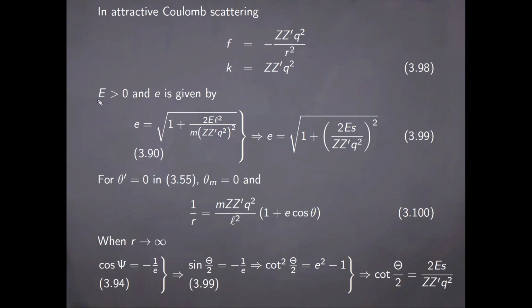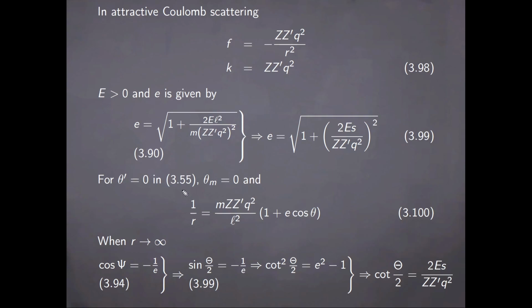And we assume that the total energy is positive, so that they do not form a bound state, and then the eccentricity is given by the formula we deduced previously, just with the replacement here. So it's this expression, and if we also use the formula 390 for the impact parameter, then the eccentricity can be written in terms of the energy and impact parameter as shown here.